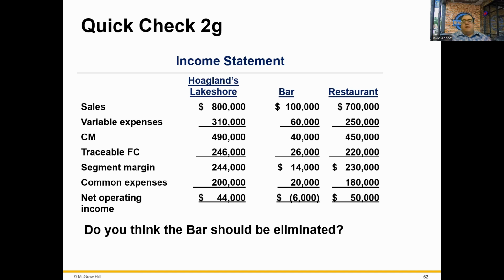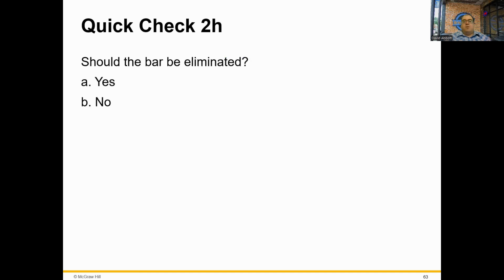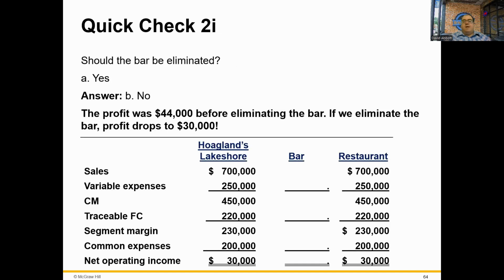So do you think the bar should be eliminated based on this information? The answer is no. Remember that the profit was $44,000 before eliminating the bar. If we eliminate the bar, the profit would drop to $30,000.